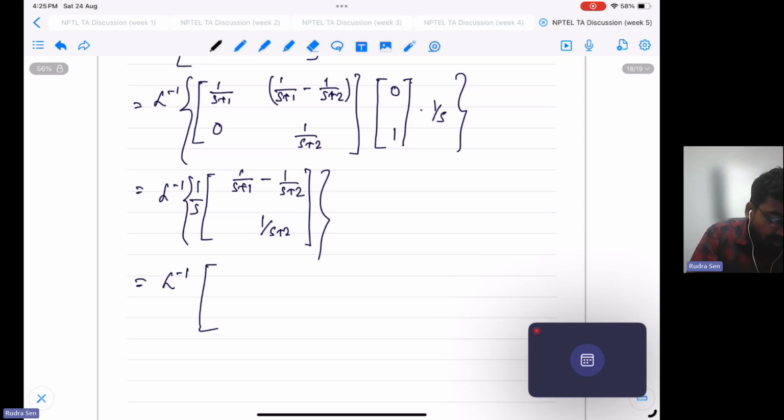So what we get is 1 by s into s plus 1, minus 1 by s into s plus 2, and 1 by s into s plus 2.